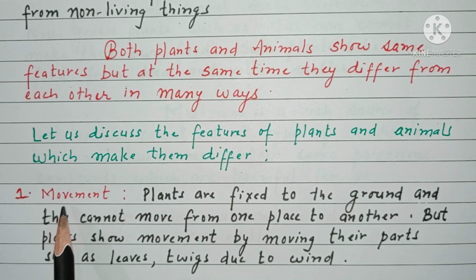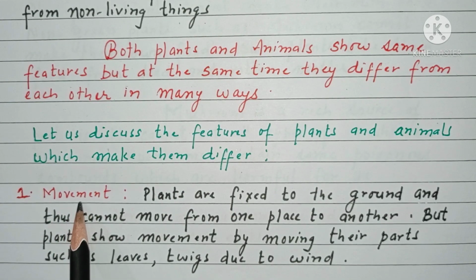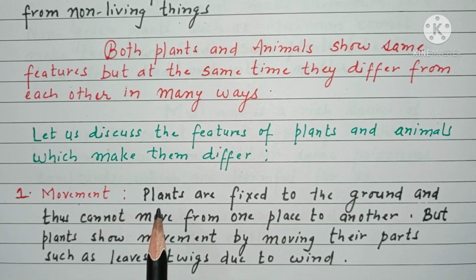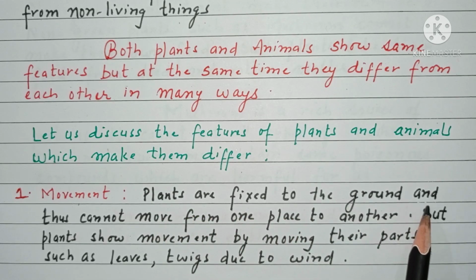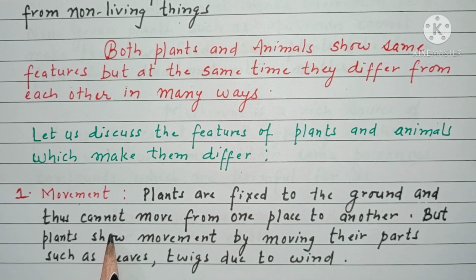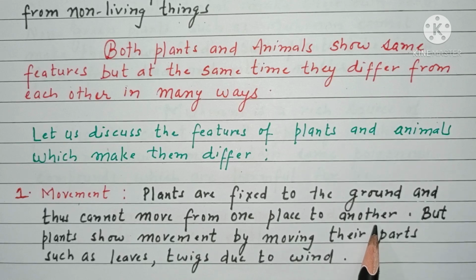The first point we will take up is movement. Students, as you all already know, plants are fixed to the ground and thus cannot move from one place to another.